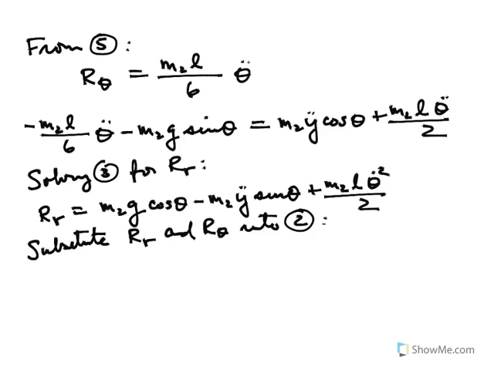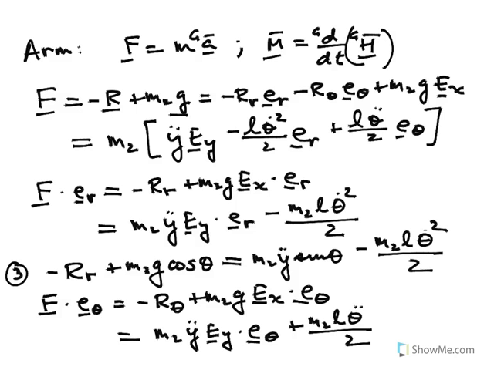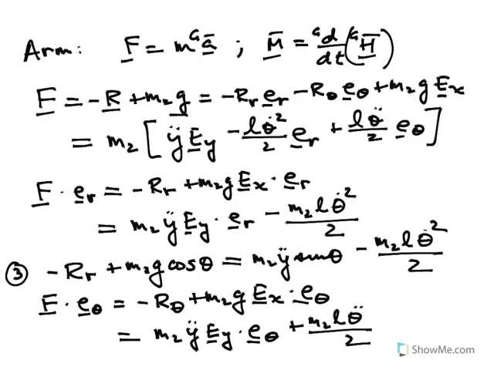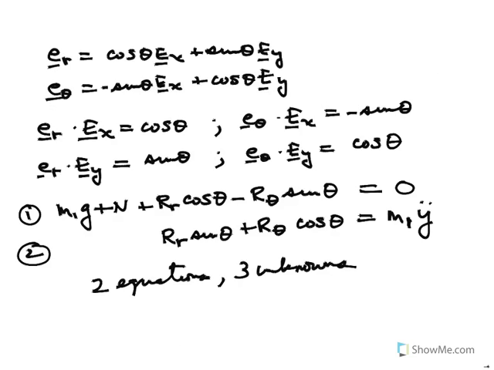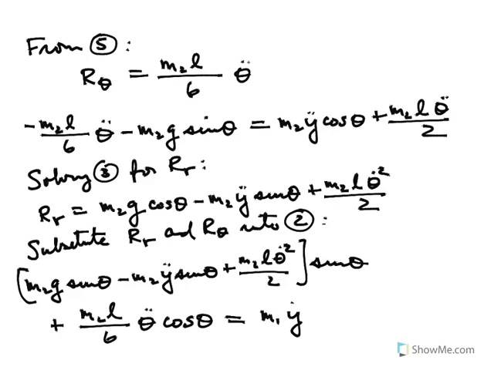So R sub R is m2g cosine theta minus m2y double dot sine theta plus m2L theta dot squared over 2, the whole thing times the sine of theta, and then plus R sub theta, which we already have, m2L over 6 theta double dot times the cosine of theta, and that has to equal m1 y double dot.